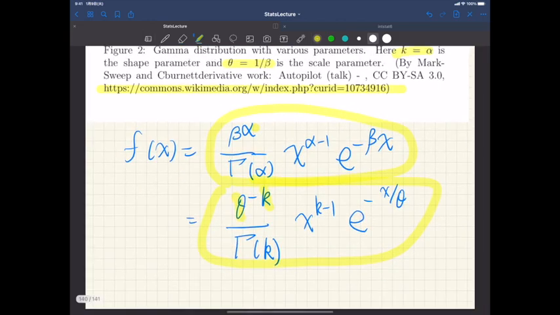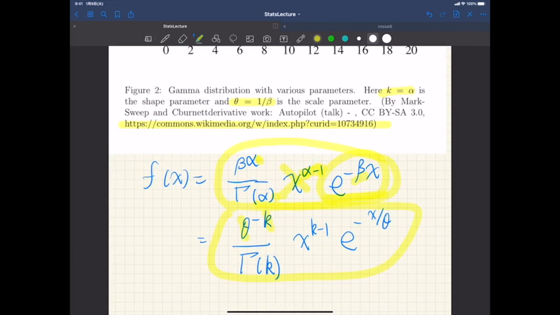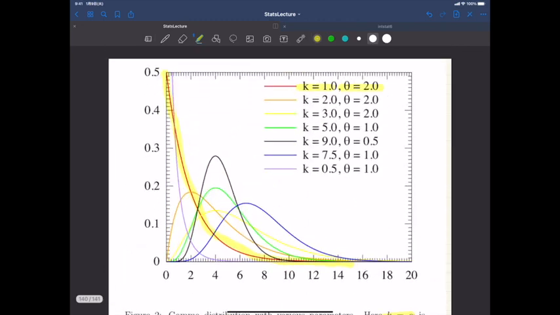If you look at this definition, when alpha is 1, then alpha minus 1 is 0, so this term will disappear. So what we have is this part, and there are no x's here, so this is essentially an exponential distribution with parameter beta.